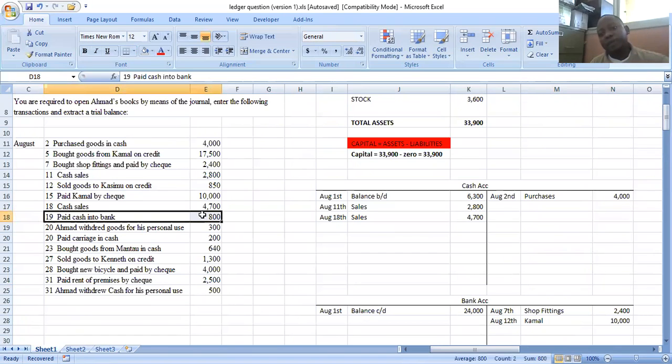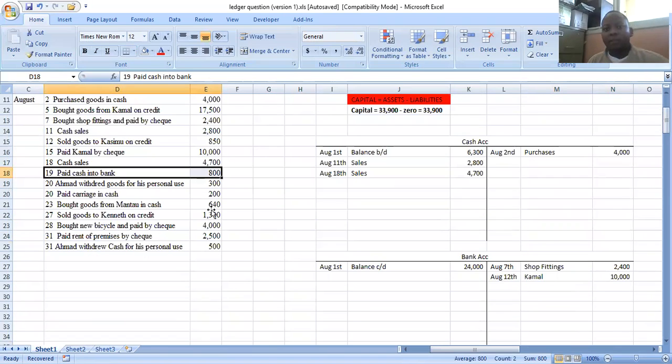19th, paid cash into bank. In this case, the two accounts are cash account and bank account. So he took cash from his office, from the business, and deposited this cash into the bank. The two accounts are cash and bank. They are all assets. Cash will be reducing and bank will be going up. Therefore, we credit cash and debit bank.